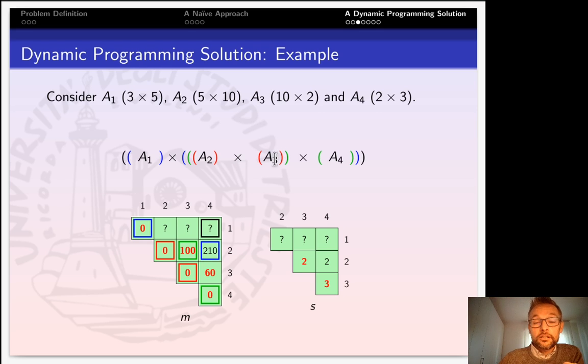So no other sub-parenthesization is possible for A2, A3. Okay, so that's why I place here the number 100 in bold, and of course I can place in S the number 2, saying the best parenthesization for the sub-problem starting from the second matrix up to the third matrix is by placing the parentheses in the second position, so here.